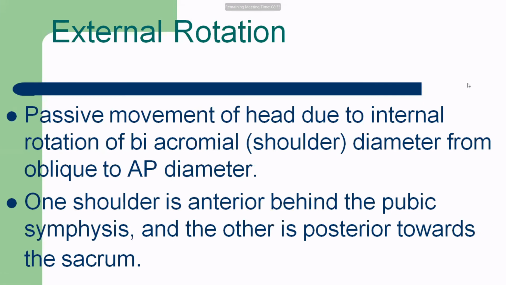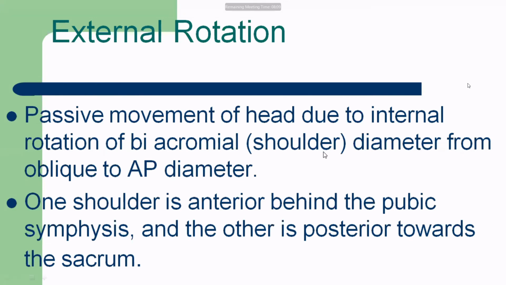Now, external rotation is the passive movement of fetal head due to internal rotation of the biacromial diameter. This is the diameter of the shoulder, which has come in the anterior posterior diameter of maternal pelvis. So don't get confused between all these diameters. When you see in the model, you will clearly understand what it is.